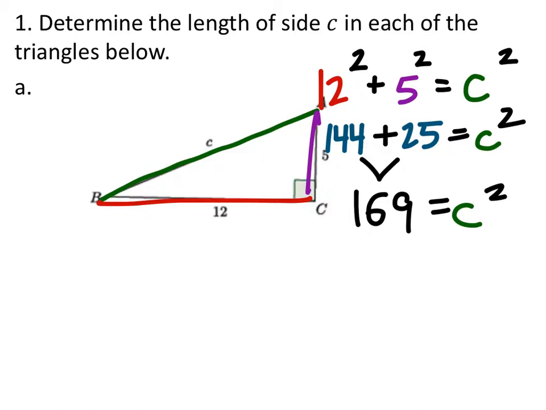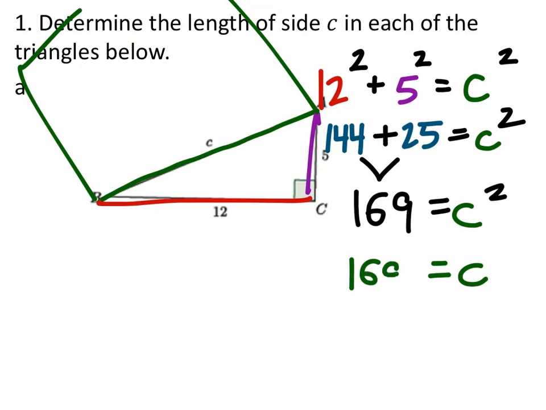Now if I made a square out of that hypotenuse, then it would have that area 169. But what I really want is the side length of that square, which means I would take that area and square root it. Now when I put the square root of 169 in the calculator, I get 13, which is the answer we want.